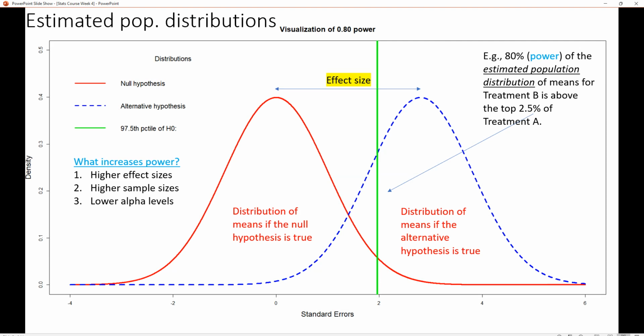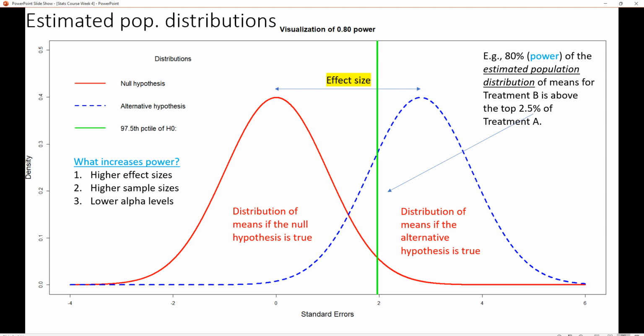And to help visualize what 80% power looks like, we have two distributions. These are estimated population distributions. The first distribution in red is the distribution of means if the null hypothesis is true. So if the null hypothesis, or your default value, which, if you're doing an intervention study, might be the traditional care approach.